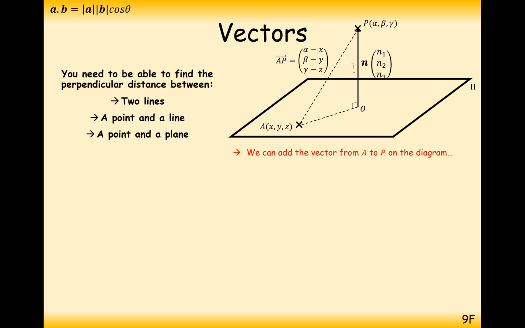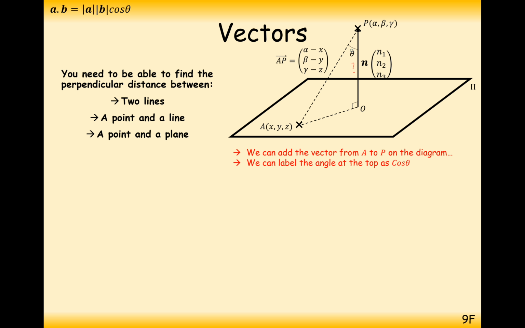So onto our diagram, we're going to find the vector from P down to A, so the direction from your point down to any point on the plane. So alpha minus x, beta minus y, and gamma minus z.